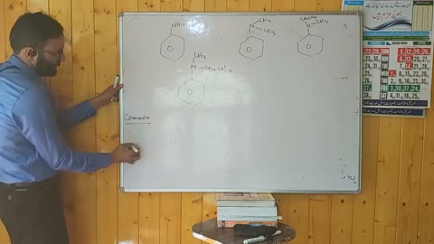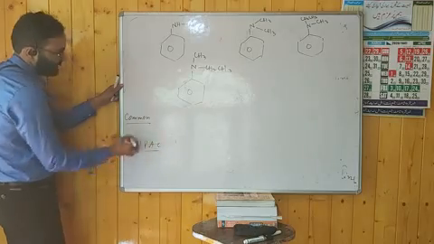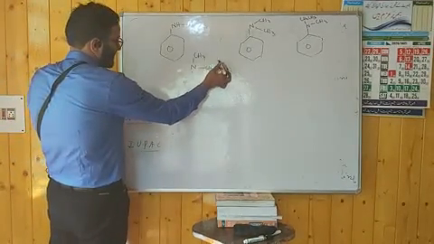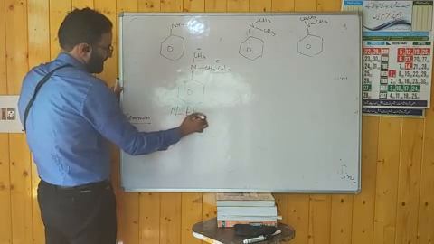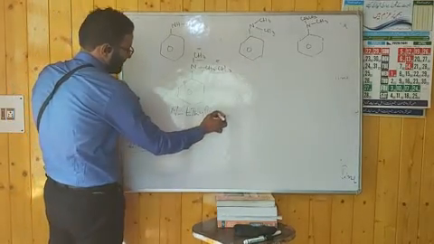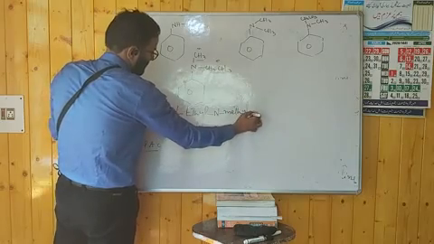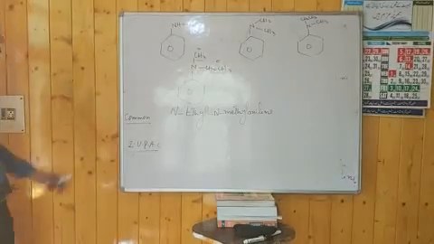In alphabetical order, this is ethyl, this is methyl. It will be N-ethyl, N-methylaniline.